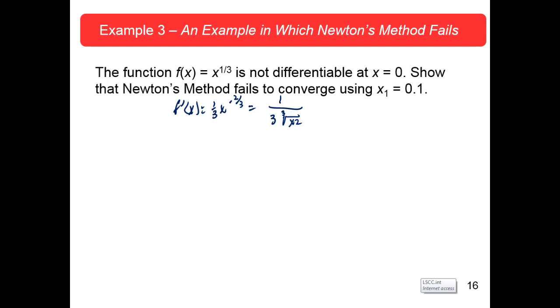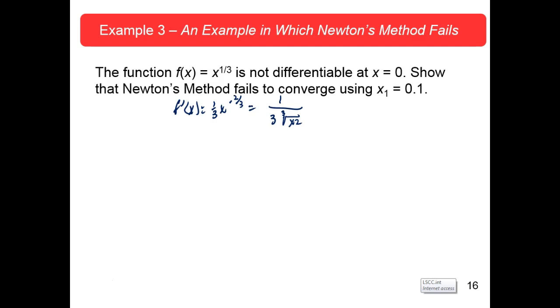And it says, show that Newton's method fails to converge when you have x1 equal 0.1. Okay? Will someone tell me, what is the 0 for that function? Where does that function cross the x-axis? Anybody?